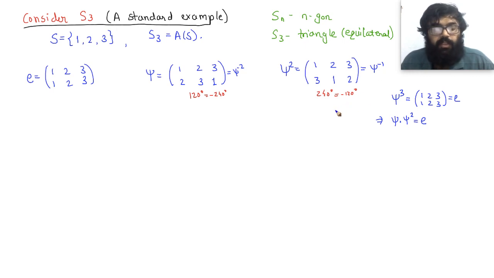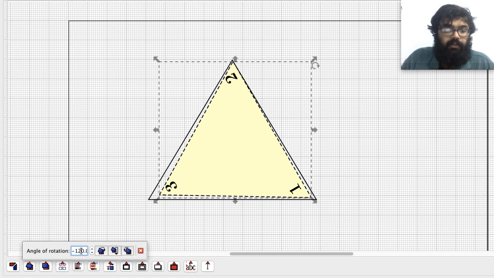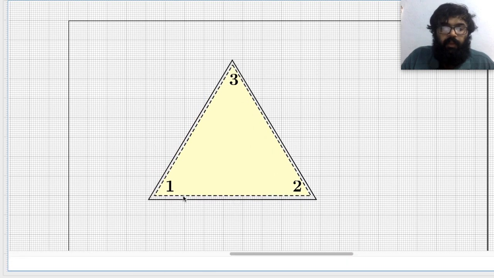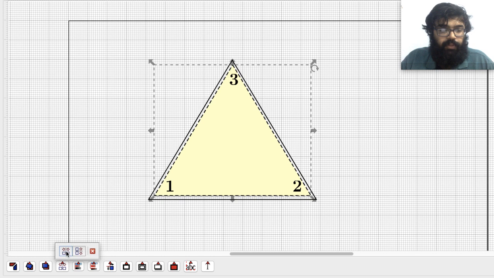So this is one such possible symmetry due to rotation. And now flipping. So let us try with flipping. Let me bring back to 0 degree. So this was our original triangle, 1 2 3, and now what we do is we flip this triangle. So this is horizontal flipping.